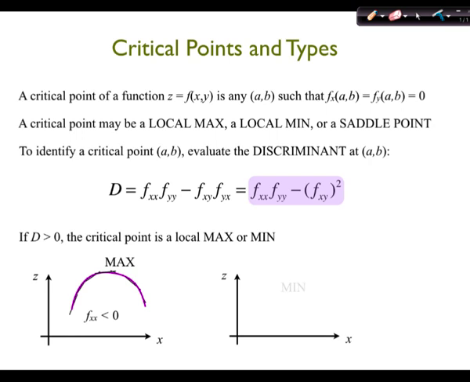For a local min, the derivative is increasing, so the second derivative is positive, and that corresponds to a min.